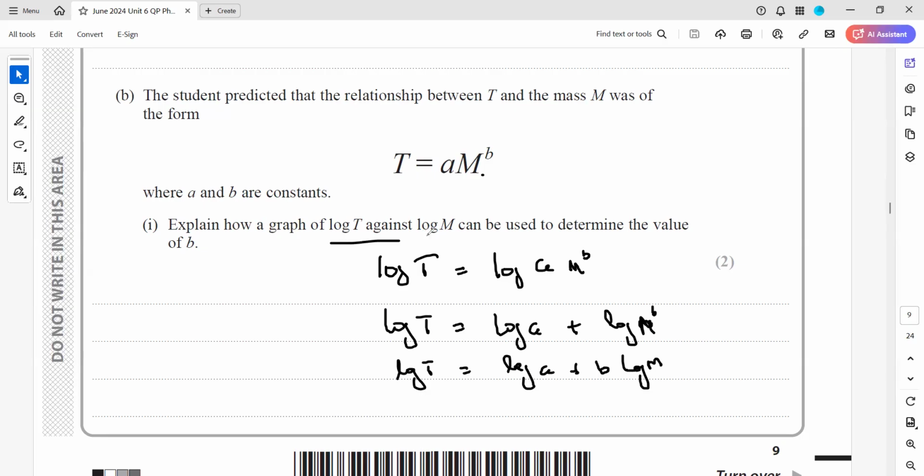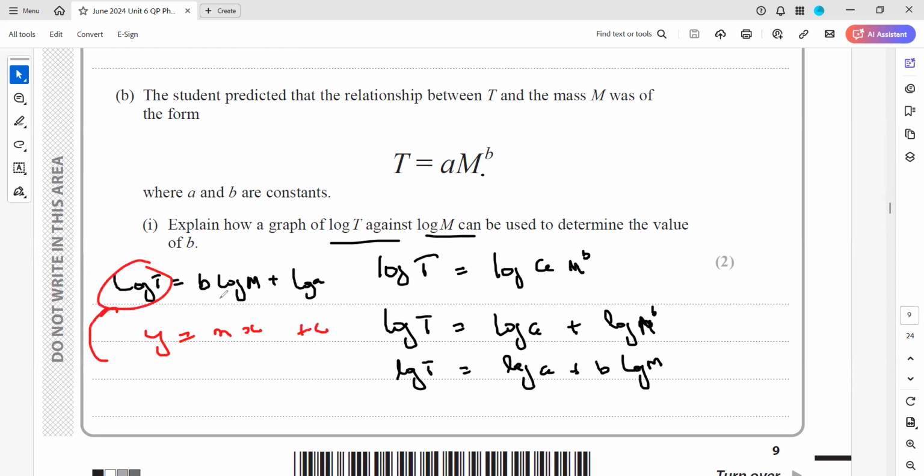We are plotting a graph of log T against log m. If I rearrange the equation, log T = b log m + log a. You don't have to show all this; you can even write the final equation, then compare with the equation of a straight line, y = mx + c.